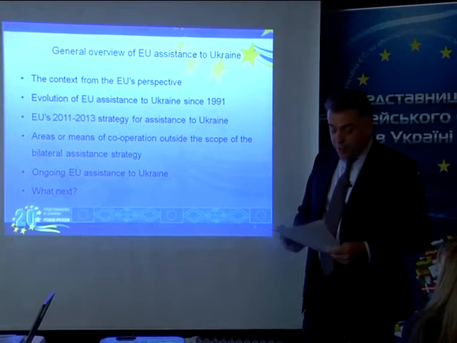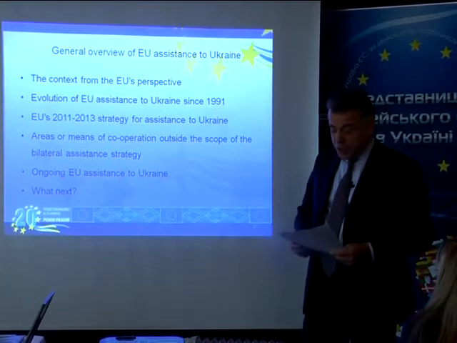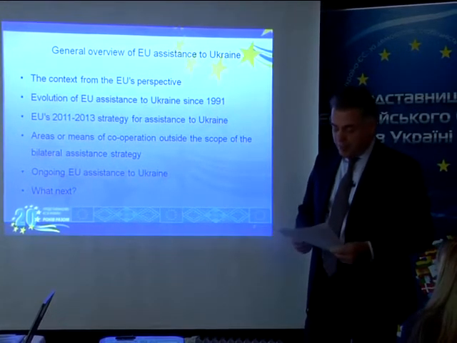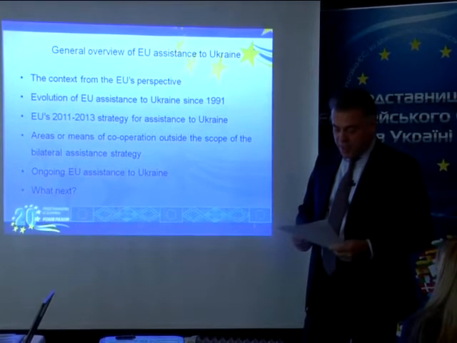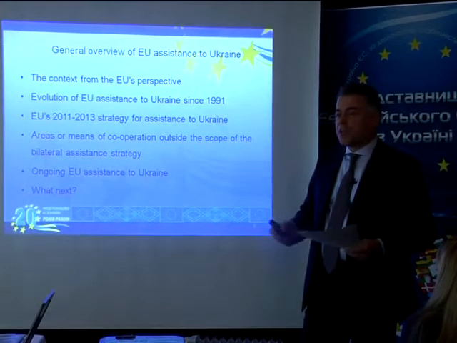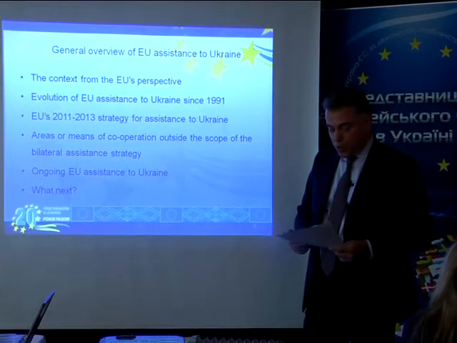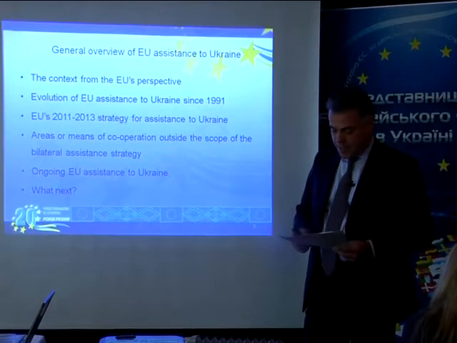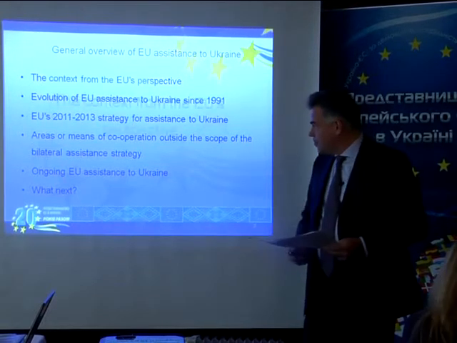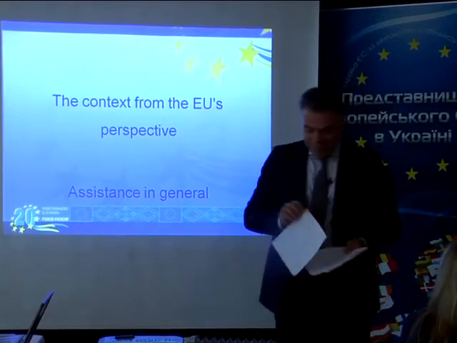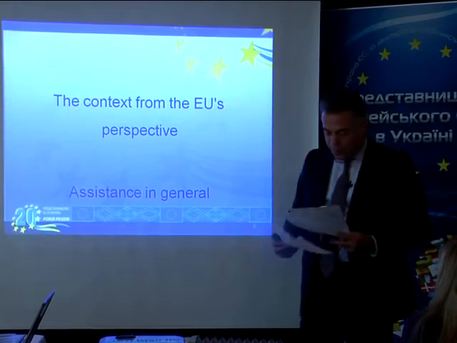Then there will be some areas that are not covered by the strategy, but still are areas of assistance. I will give you an overview of what the current portfolio of assistance is. And then I'm going to ask the question, what next? To all of us.